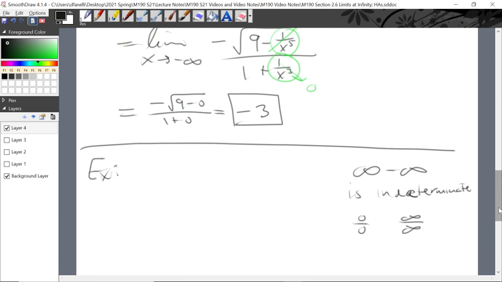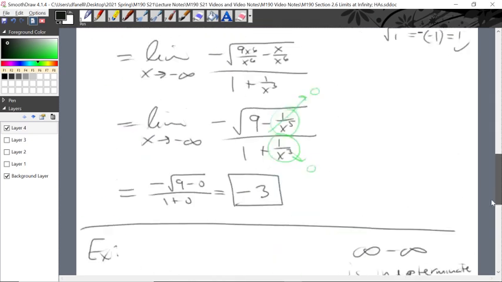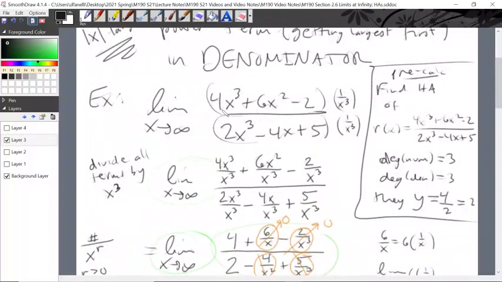That's like what we're dealing with in this section. If you run the limit as x goes to infinity, the numerator and the denominator, for instance, you might get infinity divided by infinity. This one right here would go to infinity over infinity, and it actually equaled a finite number, and we had to find that finite number.